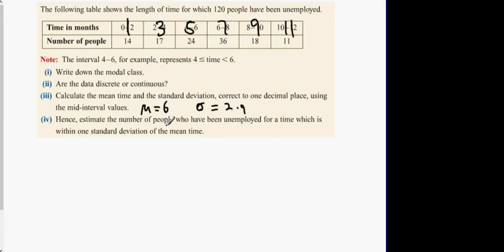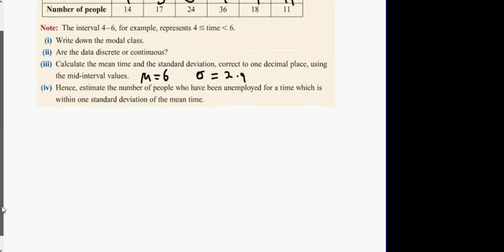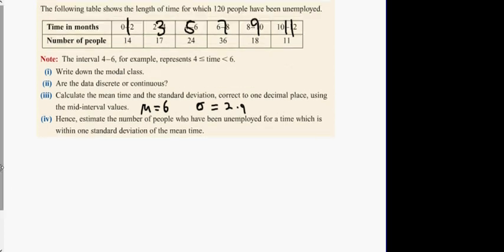Now, hence estimate the number of people who've been unemployed for a time which is within one standard deviation of the mean time. I gave marks for the maximum and minimum and attempt marks for in between. What you could argue is mean minus standard deviation, which is 6 minus 2.9, which is 3.1.